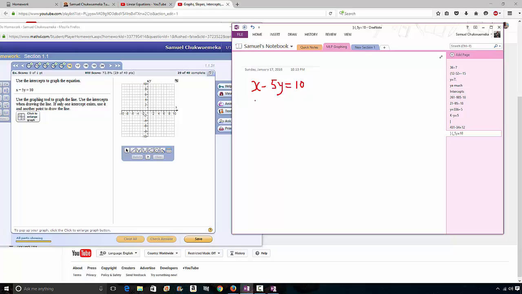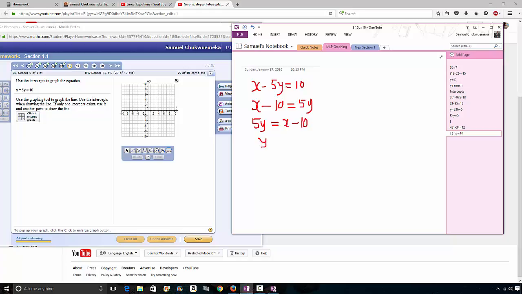Okay, when x is 0, what is y? You can do it, or you can solve, I would just say, let me solve this like this. X minus 10 equal to 5y. There are so many ways you can solve this, okay? So 5y is equal to x minus 10.